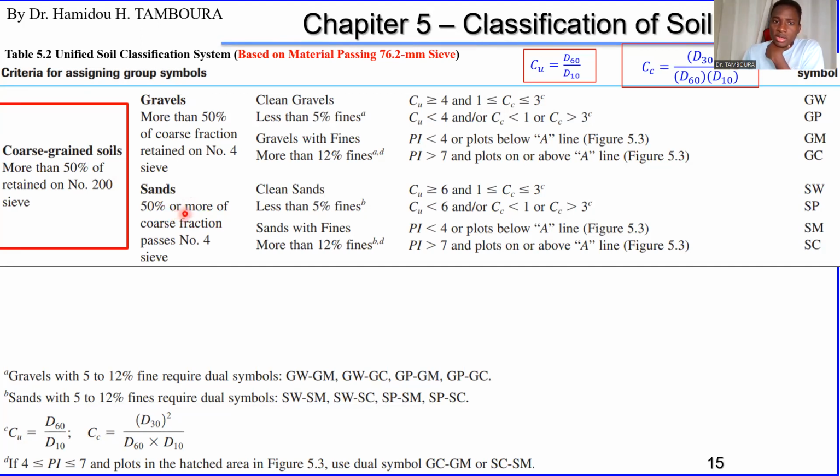Okay? And now, if you have sand or gravel, you need to know if this sand or this gravel is clean sand or mixed with some fines. Because sometimes you have sand mixed with some fines, some clay for example, or sometimes gravel mixed with some fines, meaning clay or silt sometimes.